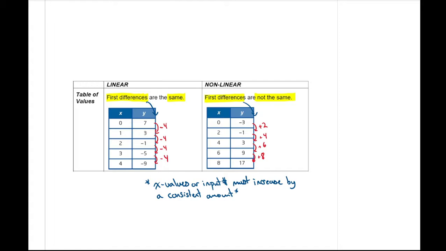If we look at the first table, they're increasing by 1. If we look at the second table, they're increasing by 2. Or sorry, I should say increase or decrease, depending on what our table is showing. But as long as they're increasing or decreasing by a consistent amount, and the first differences are the same, then it's linear. If they increase by a consistent amount and the first differences are not the same, it's nonlinear.